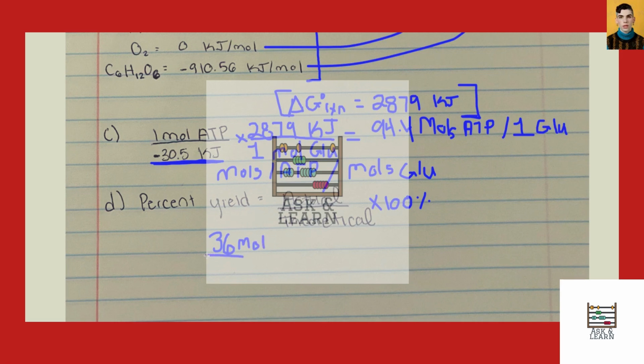And the theoretical is what we just calculated using our delta G's. So we're going to plug that number in over 94.4 moles times 100%. And that is going to give you 38.1%.